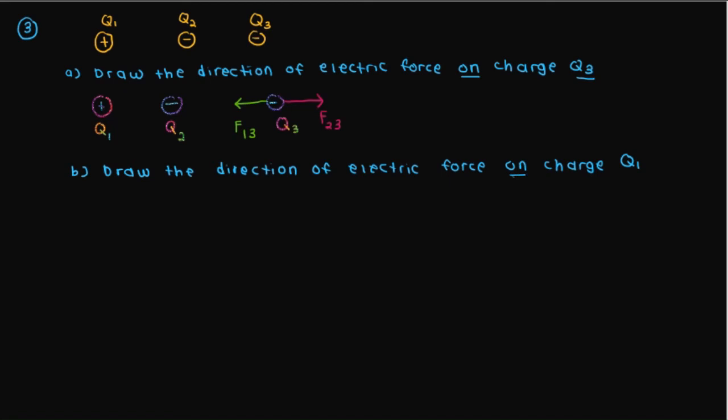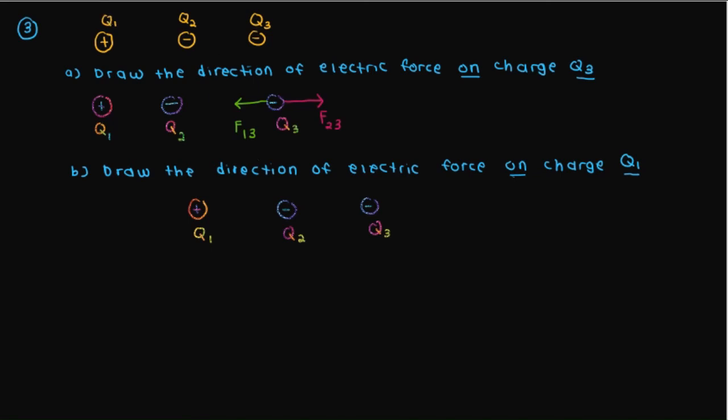On means that we need to draw the direction on charge Q1. So our focus is on Q1. Draw Q1 first, and then Q2 and then Q3. We will do one by one. The direction of force 2 on 1 and then F3 on 1.